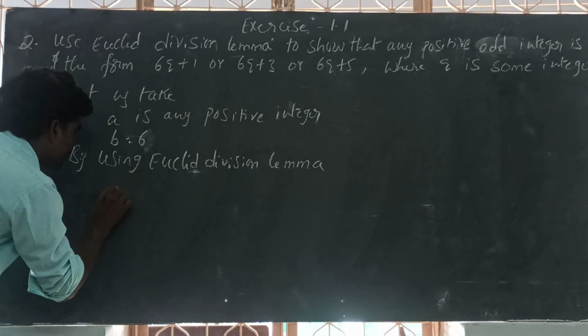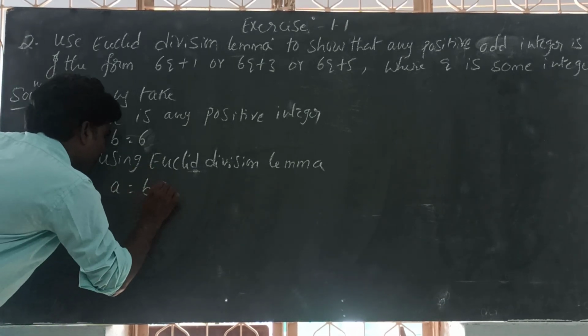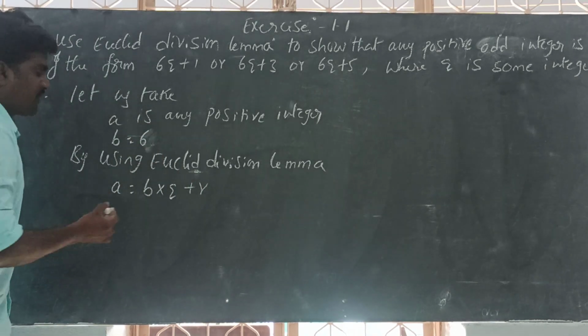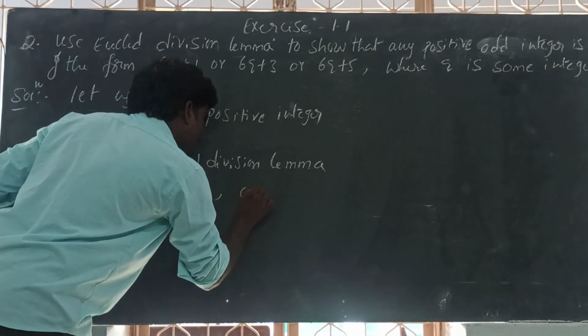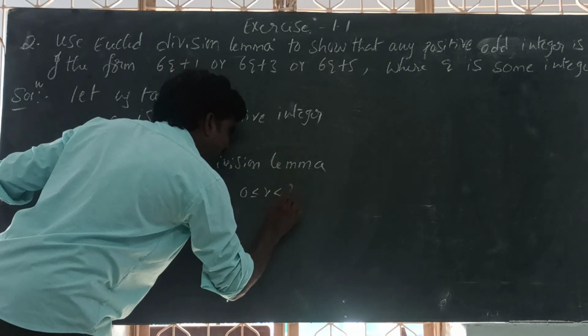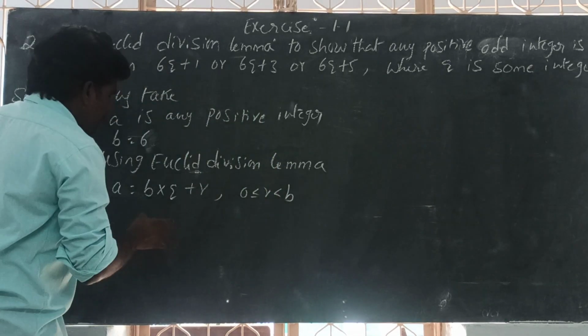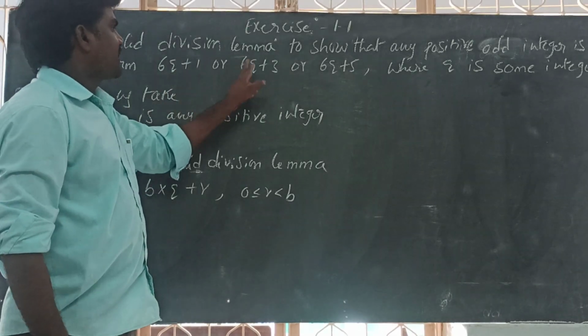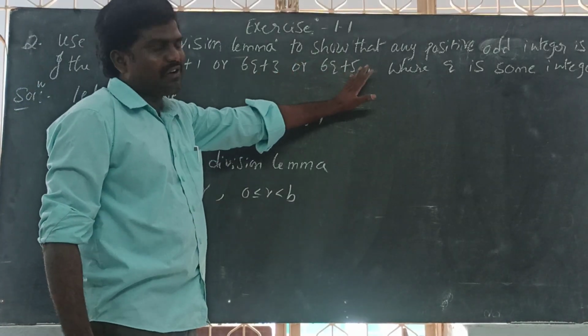What is the division lemma? Dividend is equal to divisor into quotient plus remainder, where the remainder is greater than or equal to 0 and less than the divisor. So here the divisor is 6, giving 6q plus 1 or 6q plus 3 or 6q plus 5.